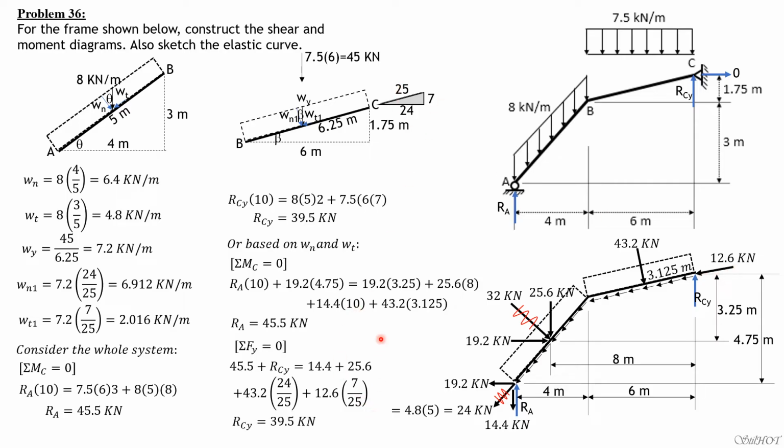So solving for R sub CY is 39.5 kilonewton, just like in the previous calculation.